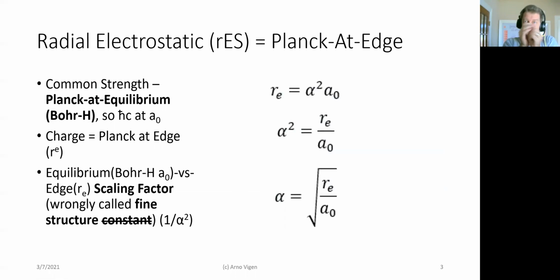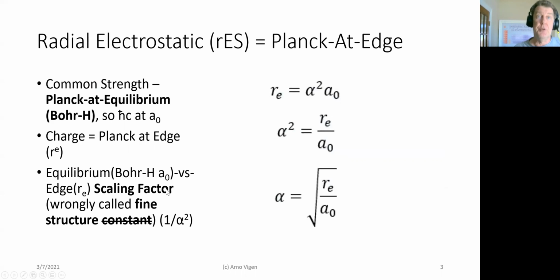And I don't know what happens inside the thing, but I know what it is at the edge. It's a ratio. And so you get this ratio of the Bohr radius, a sub o, and the radius of the electron. This is called the fine structure constant.